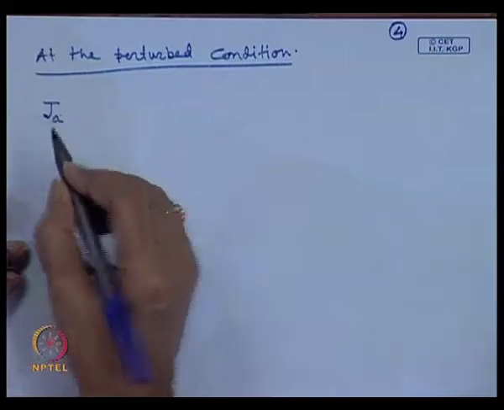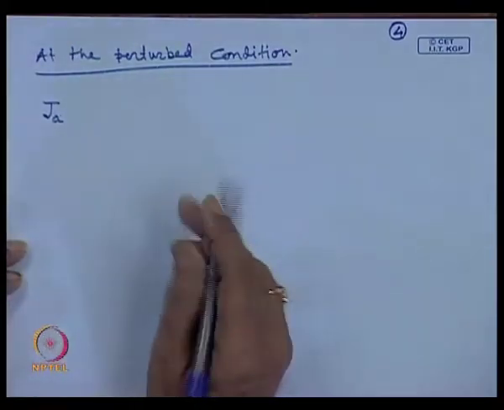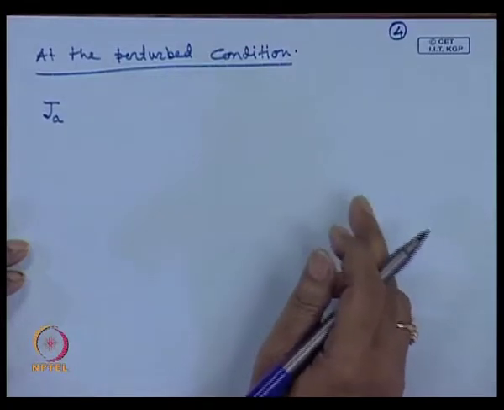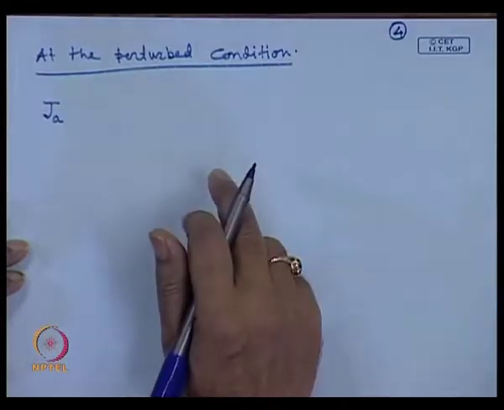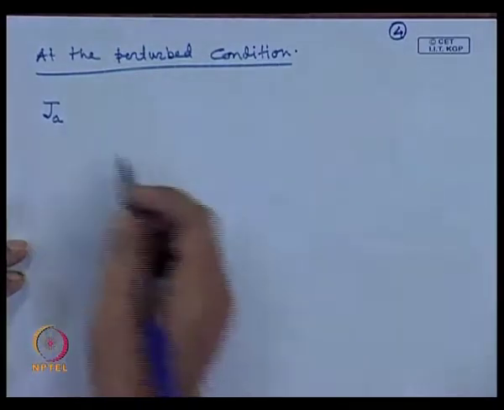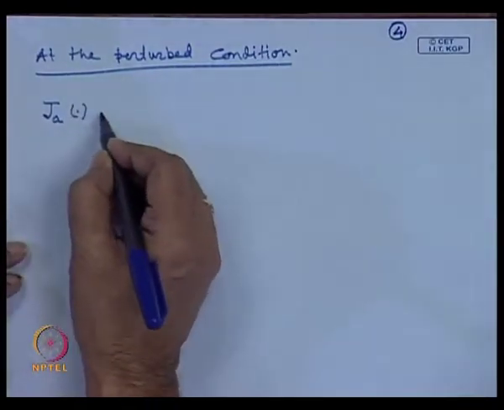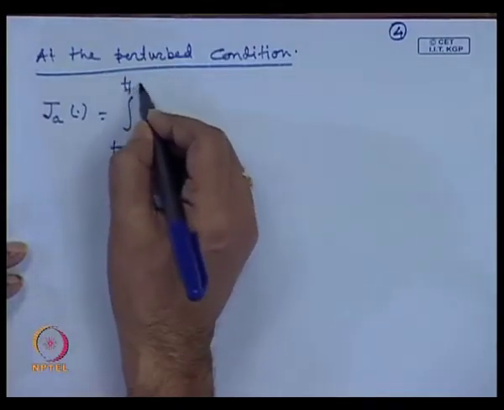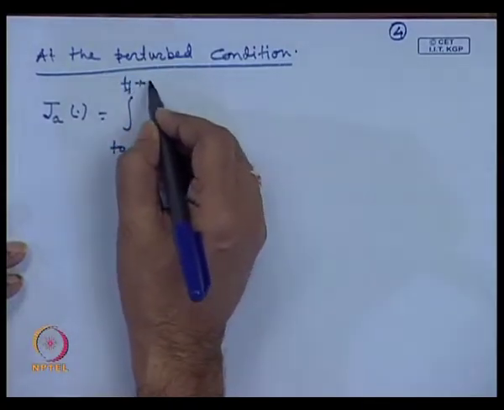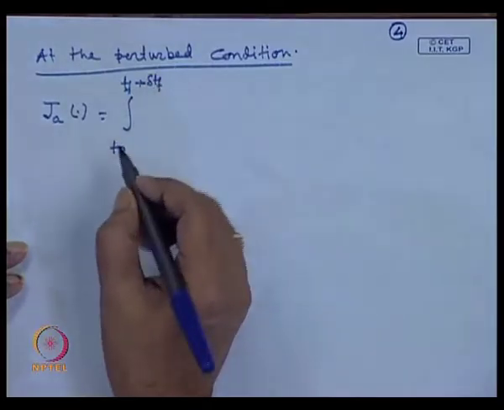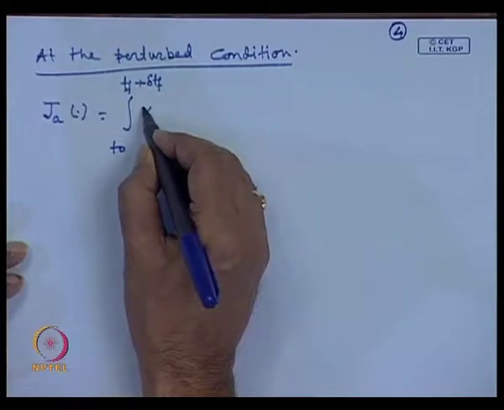It corresponds to that perturbed trajectory. When u is perturbed by delta u of t, similarly with the control action, x will also be perturbed. So, I am writing this one now from t 0 to t f, and that final time t f is perturbed with a delta t f.